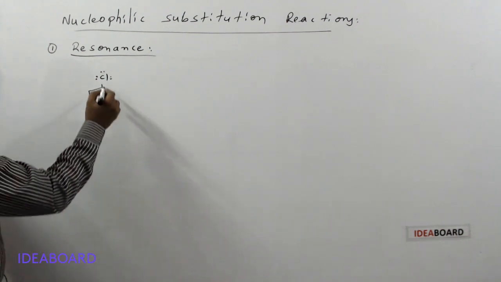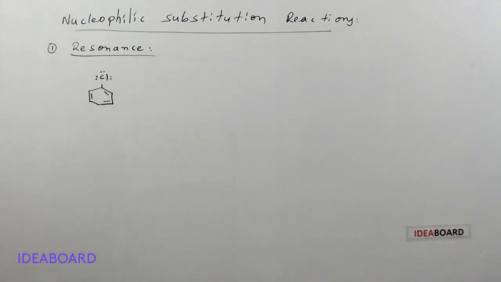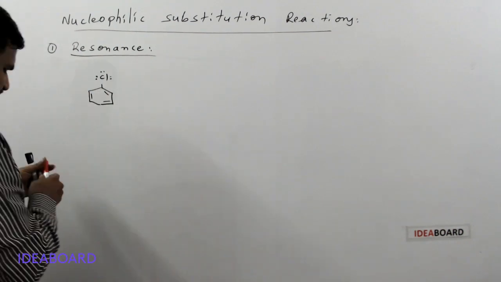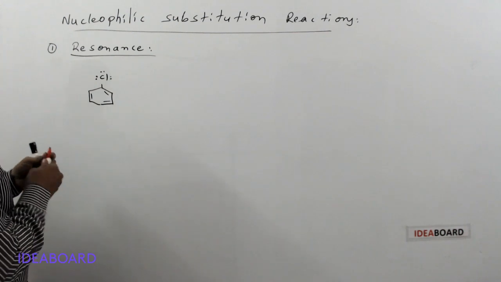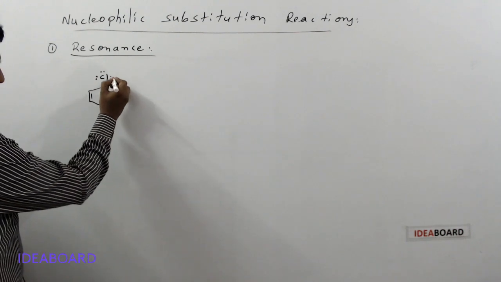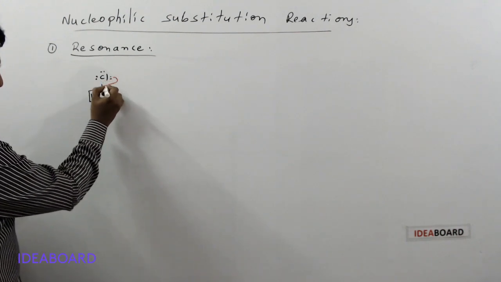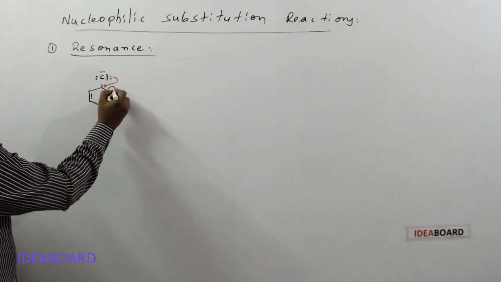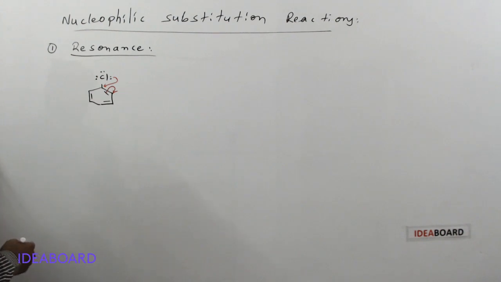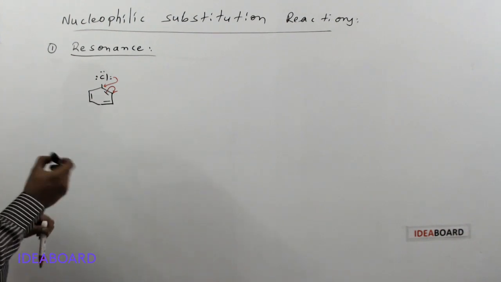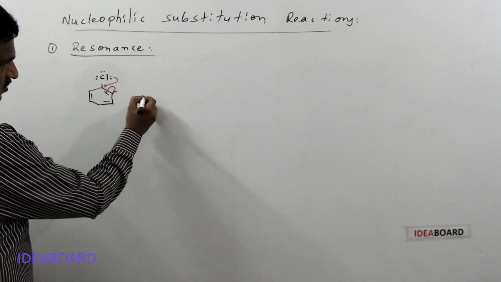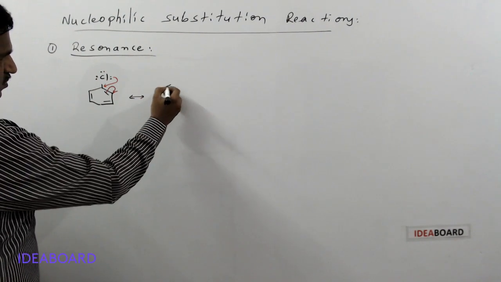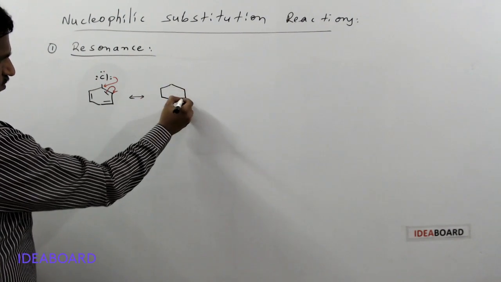When there is conjugation, there is resonance, and the lone pair is given to the benzene ring, shifting onto the adjacent carbon atom. So we get a resonance structure.